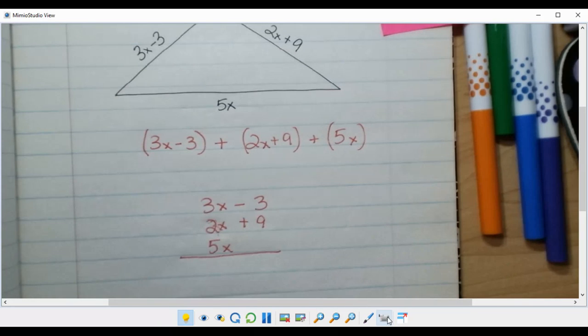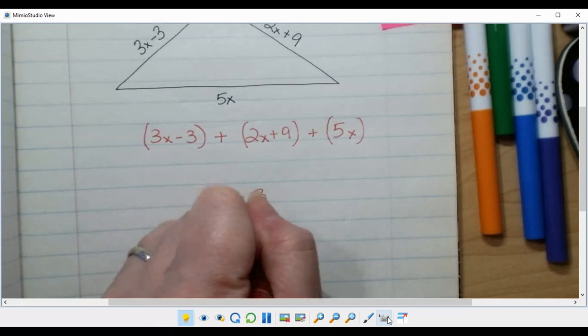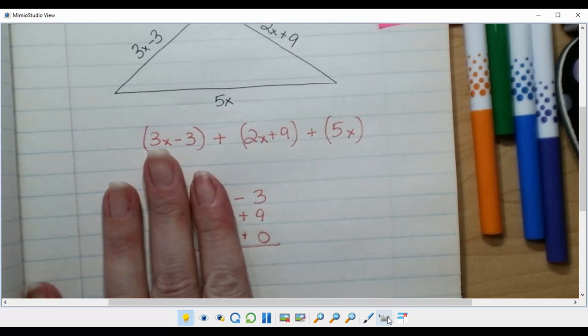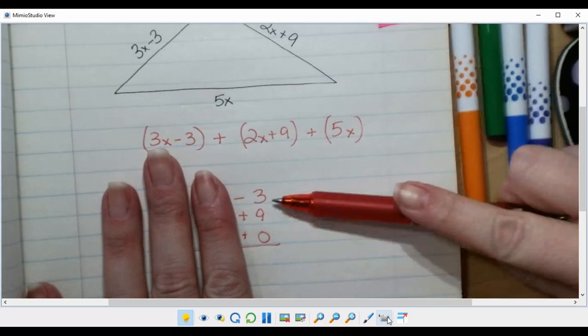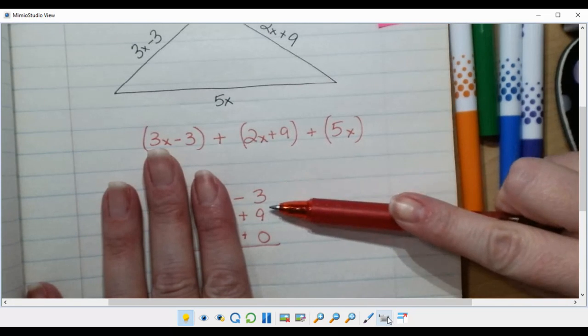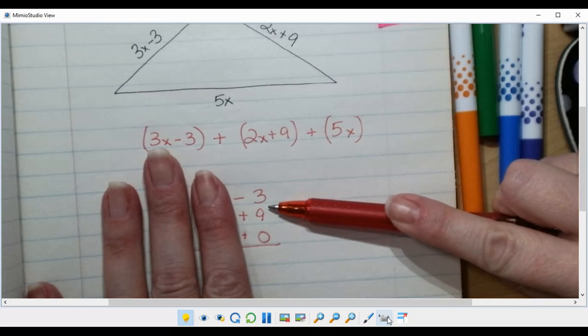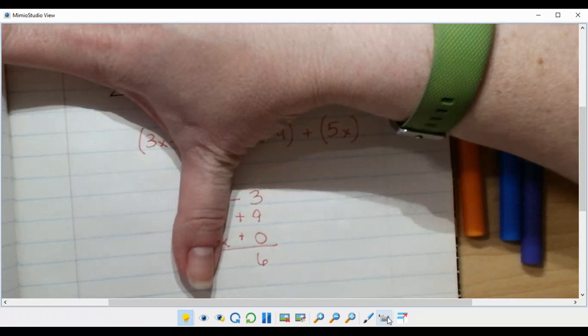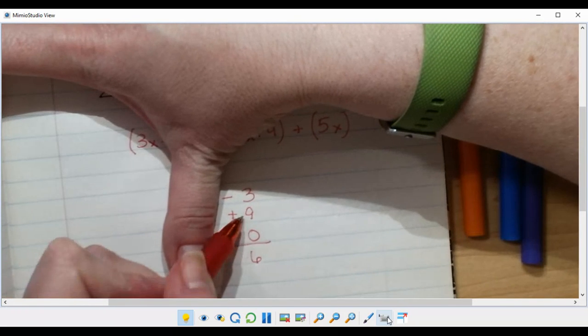Okay, so let's do our mini problems. I am going to put a 0 in here just for organization. So I have a negative 3, a positive 9, and then 0, which really isn't going to affect my calculations. These are different signs, some reds and some blacks, so I'm going to subtract. 9 minus 3 is 6. The bigger pile was 9.